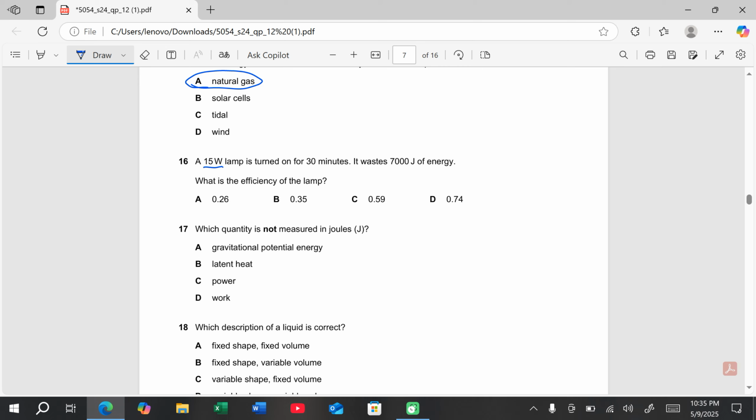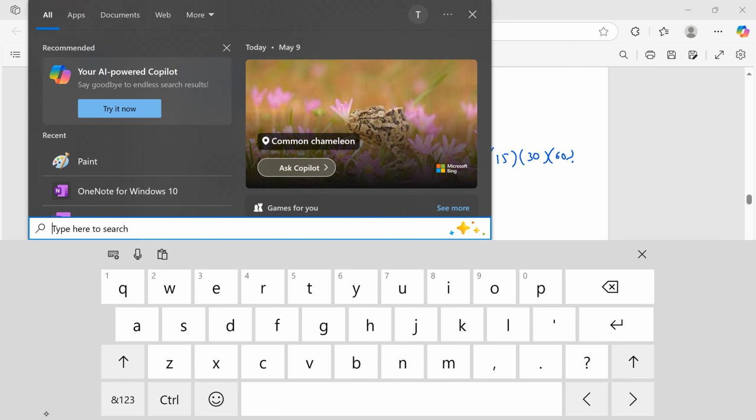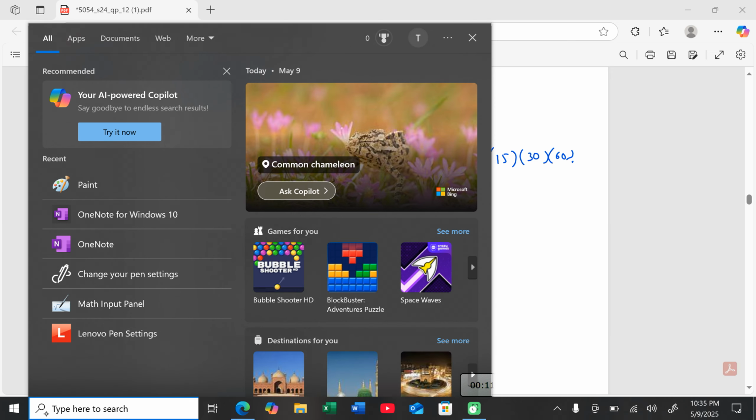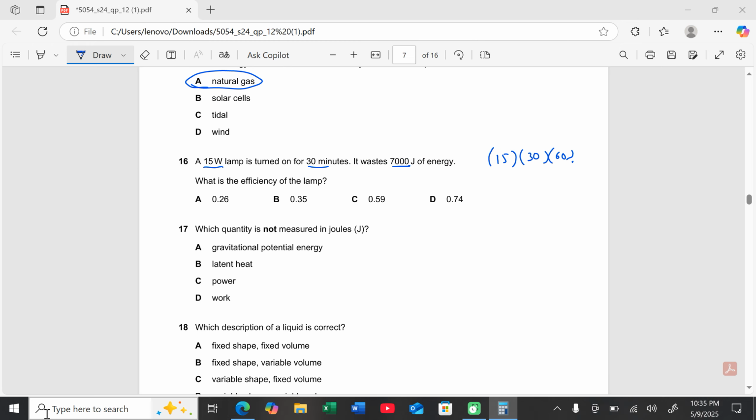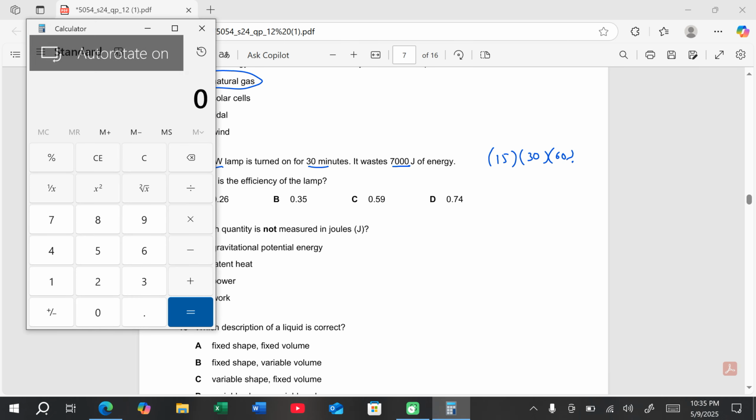The lamp is turned on for 30 minutes. It wastes this much energy. What is the efficiency? So what is the total input energy? That is power times time, and you need to convert the time into seconds. I need to open the calculator as well. Okay, so this is 15 times 30 times 60.